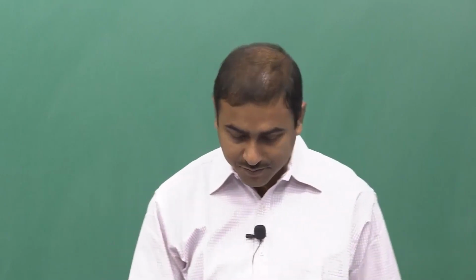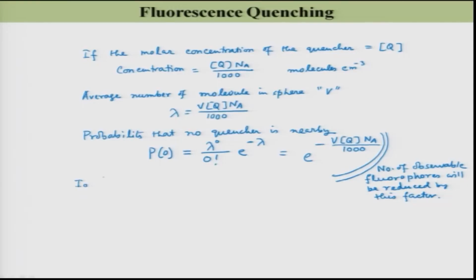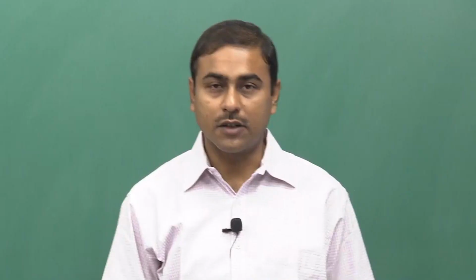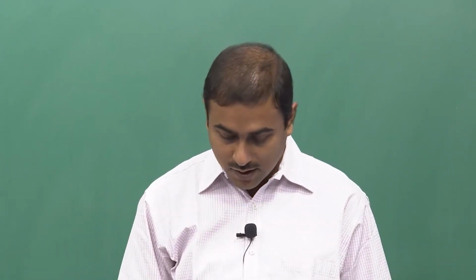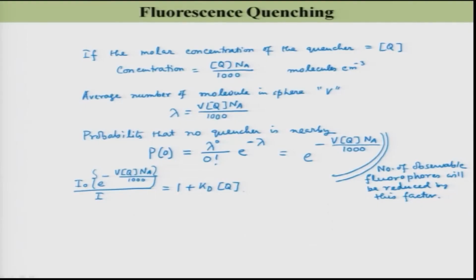So, I0 is modified with this quantity, that is the number of observable fluorophores, because some others have the quencher in their immediate vicinity, which immediately quenches all the fluorescence. So, those I should not take into account for my calculation.